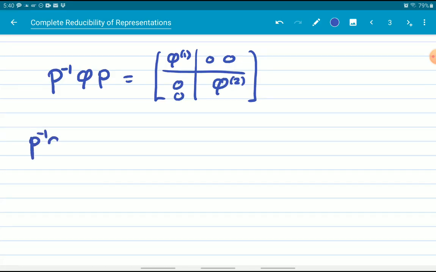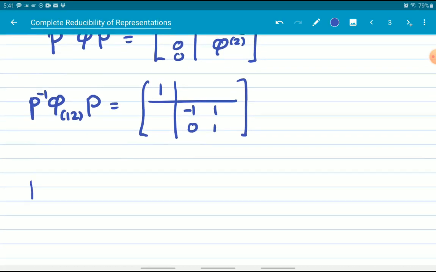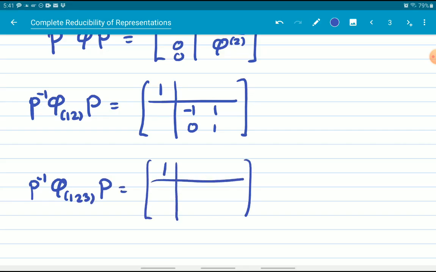P inverse phi of (1 2) P is going to work out to, I'll have 1, and I'll have minus 1, 0, 1, 1. And then P inverse phi of (1 2 3) P works out to 1, and then 0, 1, minus 1, minus 1. It's just a change of basis.